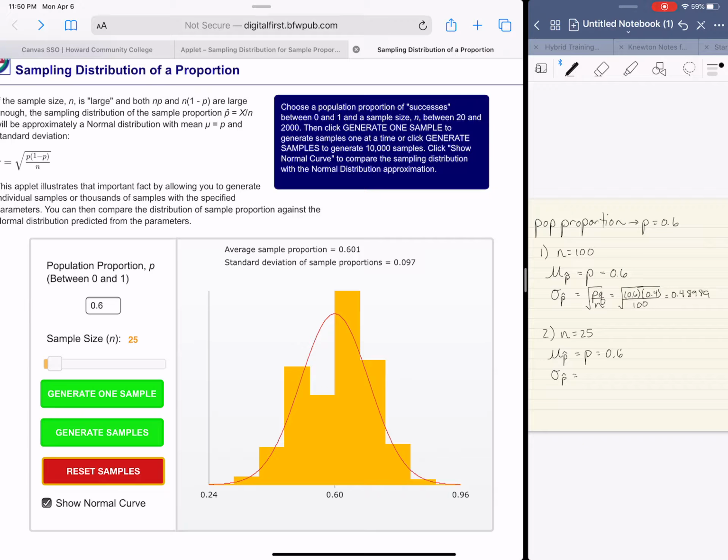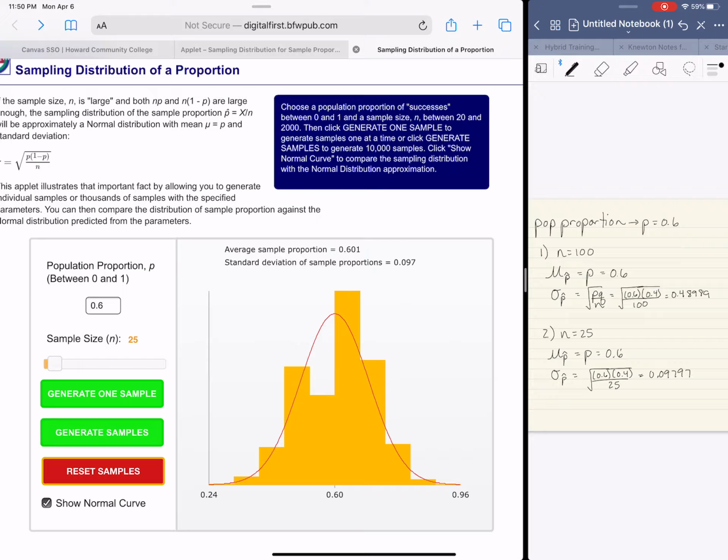If we calculate this using the formula, so we'll have 0.6 times 0.4, and now the sample size is 25. So when I divide this by 25, in your calculator you'll get 0.0979797. It keeps repeating. This is what you get.